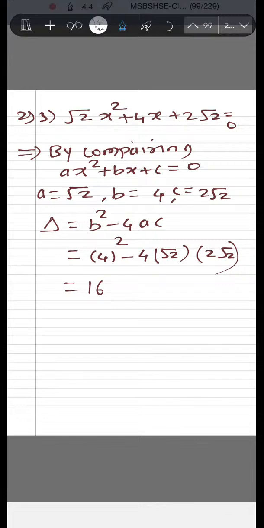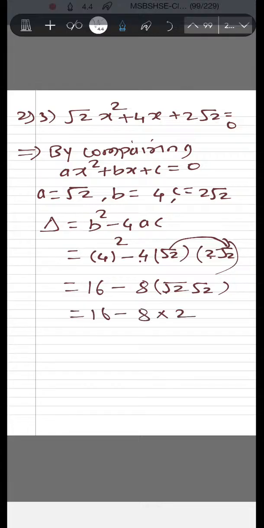Here is the complicated part, and that's why you may feel this one is a bit challenging. How can you solve that? Square root of 2 into 2 square root of 2: 4 into 2 is 8, and the square root into square root gets cancelled, leaving 2.